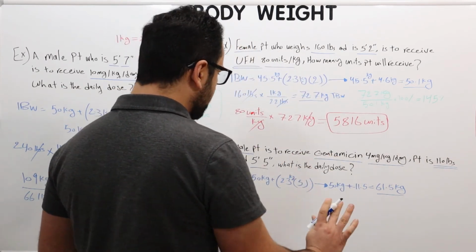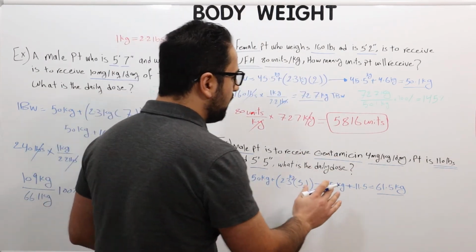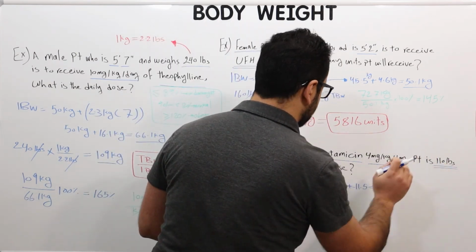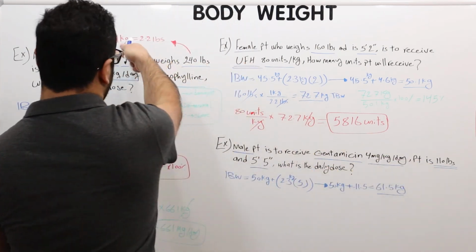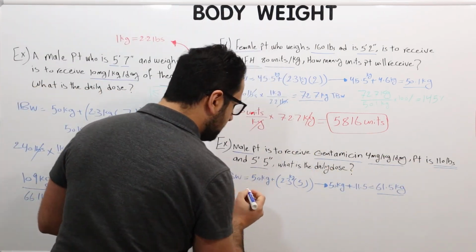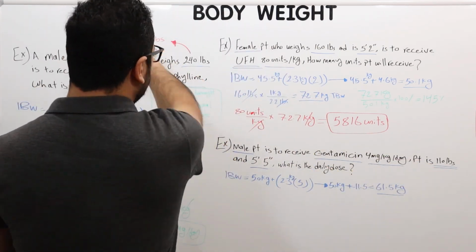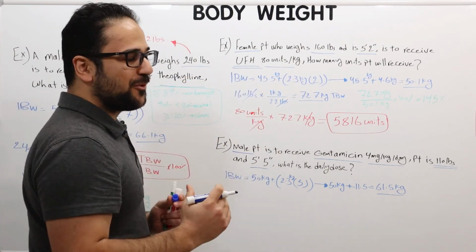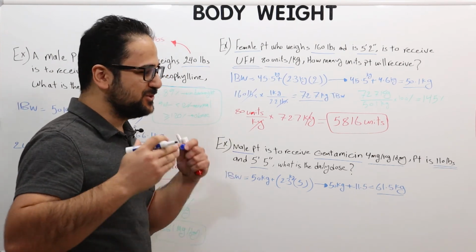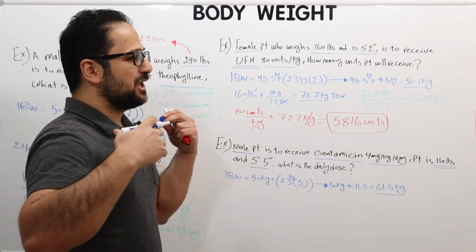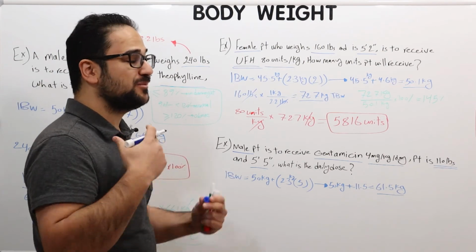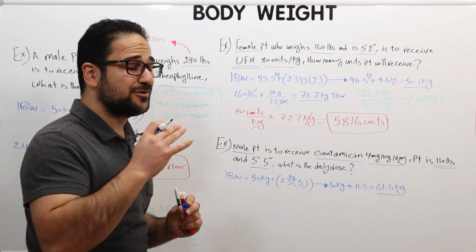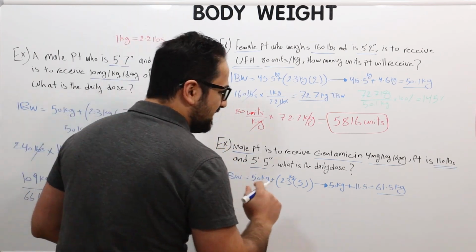Now, let's figure out step number 2. What is the total body weight or actual body weight in kilograms? So we have 110 pounds. Don't forget the conversion factor. I keep pointing out these conversion factors here and there because they're really important. During the exam, you may end up not remembering these conversion factors. They're very small details, but they're super important. So let's see over here.